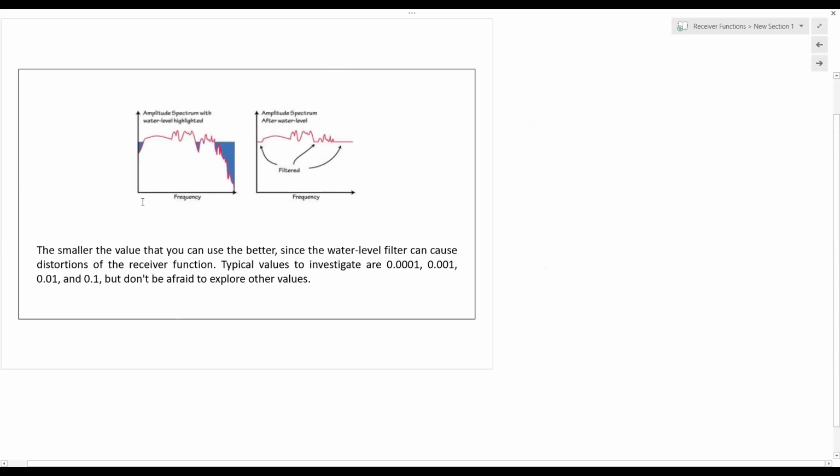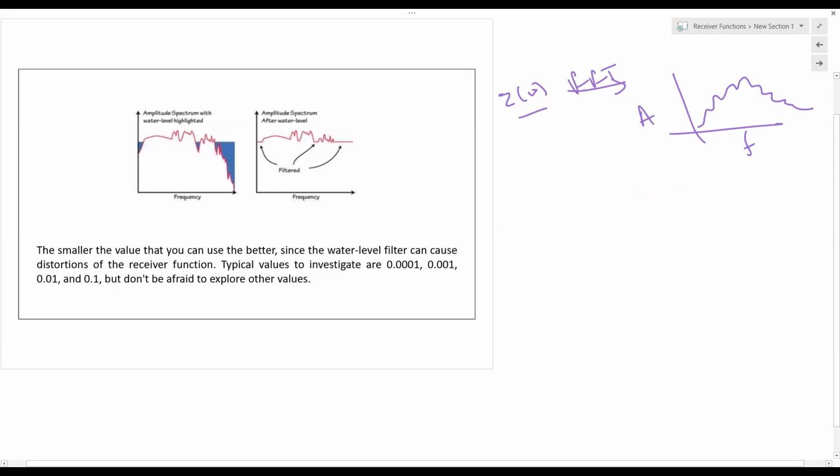Basically, in the denominator you have the vertical component. After you do the fast Fourier transform, you can see all the frequencies and associated amplitudes within this spectral seismogram. Here you have frequencies, here you have amplitude.